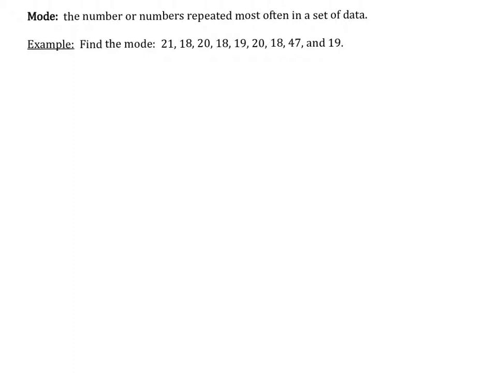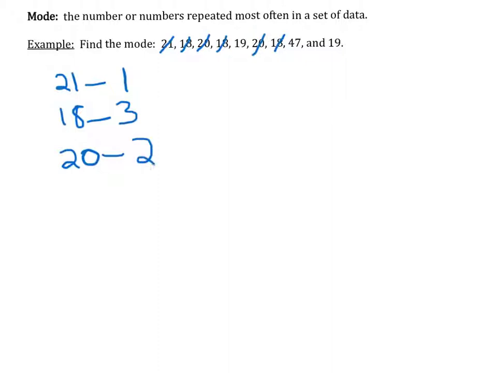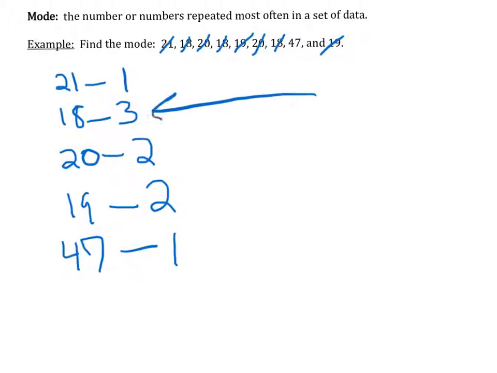For instance, 21 occurs one time. 18 occurs 1, 2, 3 times. 20 occurs 2 times. 19 occurs 2 times. And 47 occurs 1 time. So 18 occurs 3 times, which is the most, and my mode would be 18.